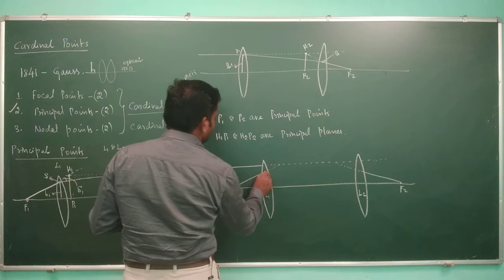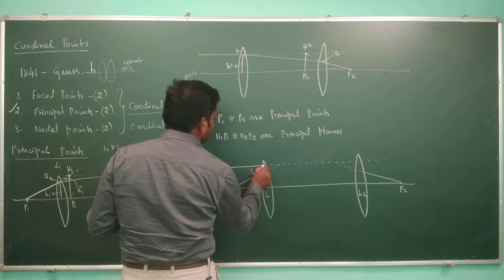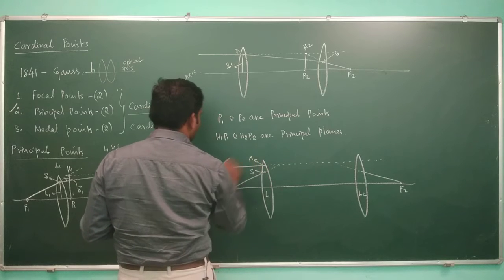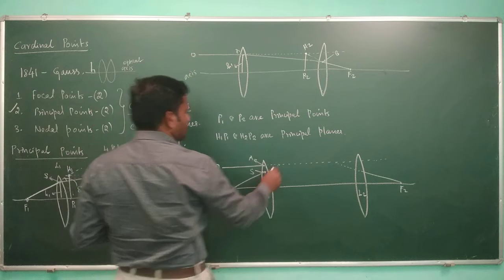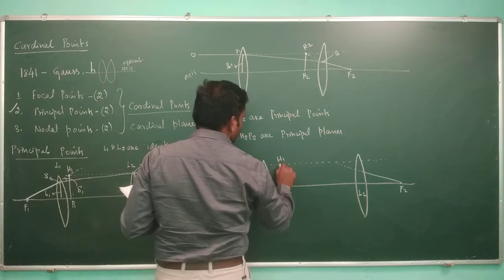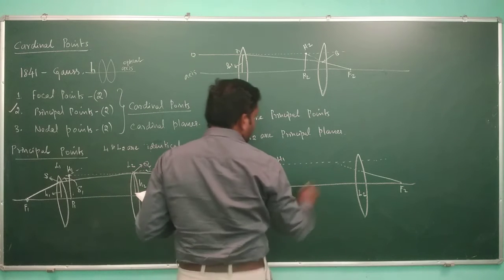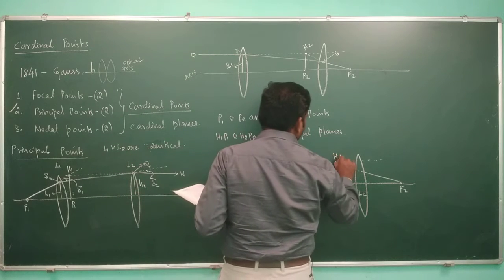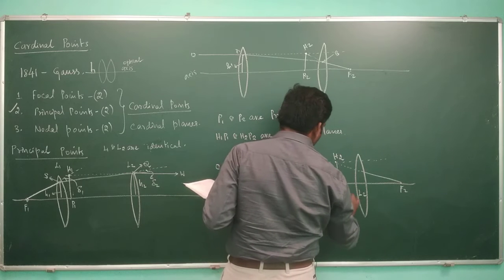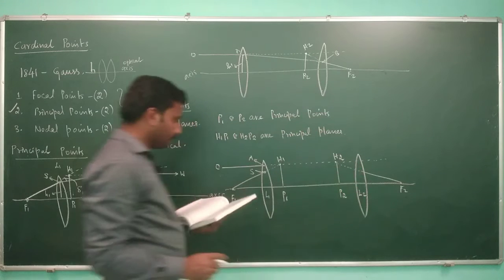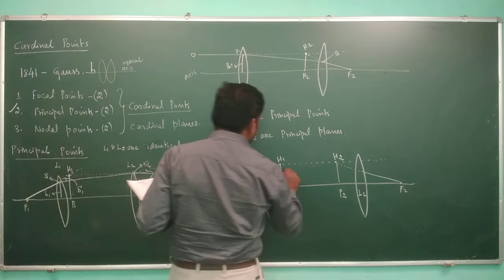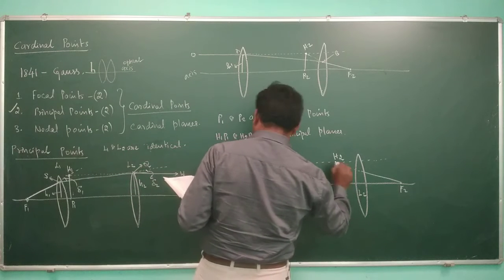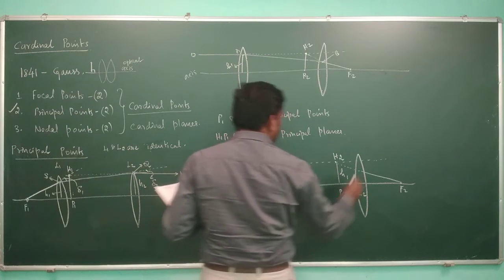So this point is S, this point is A, and this is O, and this point is H1, this point is P1, this point is H2, this point is P2.